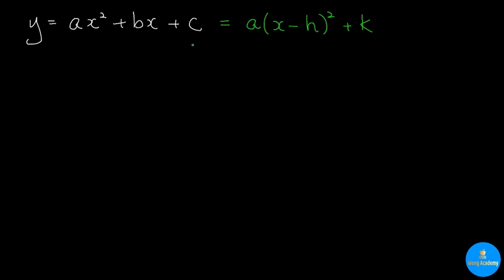The process of completing the square turns a general quadratic function into this particular form. This form allows us to detect the type of transformations from y equals ax squared. If you need a review, you may refer to my previous video on graph shifting.